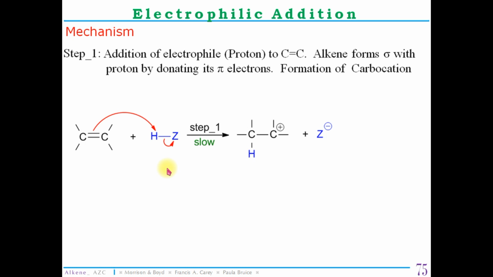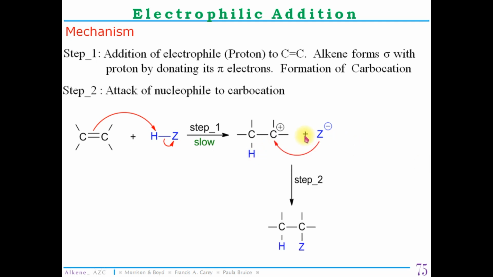So the first step in electrophilic addition is the addition of the electrophile, a proton, to the carbon-carbon double bond. The alkene gives its pi electrons to the proton and forms a sigma bond with this proton, with formation of a carbocation intermediate.